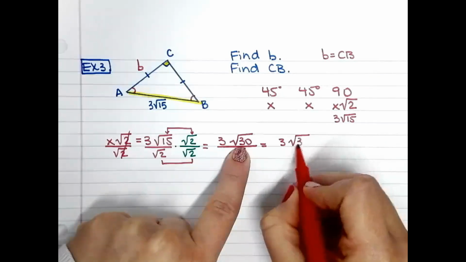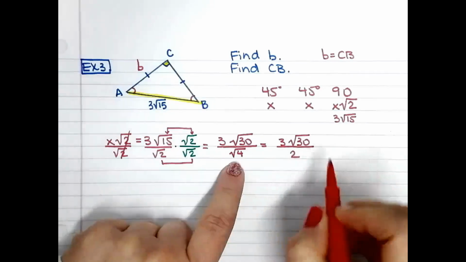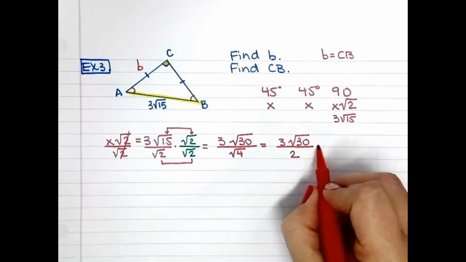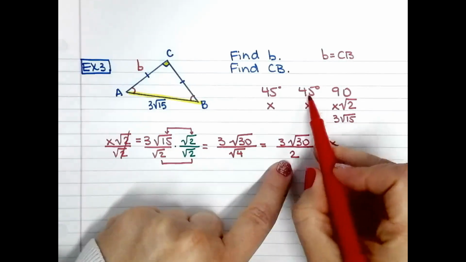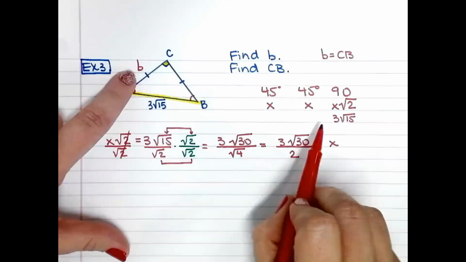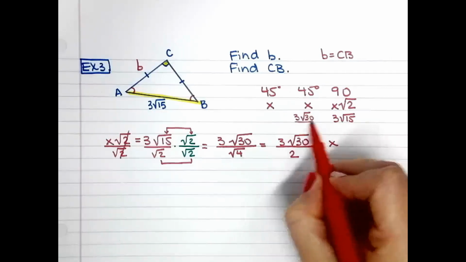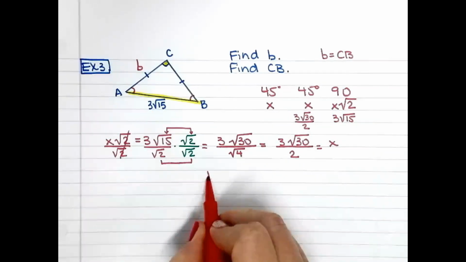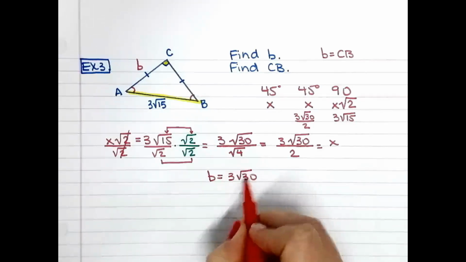So you leave that under the root, and then you take the square root of 4, you get 2. All this work to find x. And x is directly across from 45 degrees, and that x is b. So 3 square root of 30 over 2. So b is 3 square root of 30 over 2.